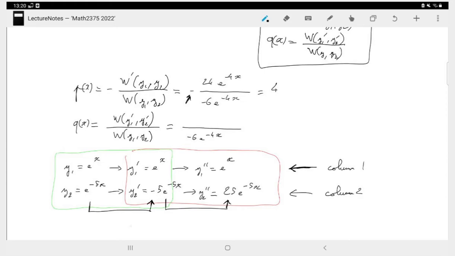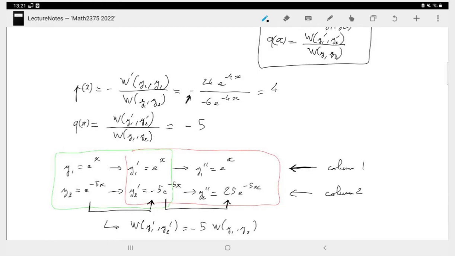So based on this reasoning, the Wronskian of y1 prime, y2 prime is minus 5 times the Wronskian of y1, y2. So there's no need to calculate the Wronskian of the prime quantities here. And therefore, I'm just going to scrap this out and write down that immediately the result is minus 5, due to the structure of the functions that we've been applying here.